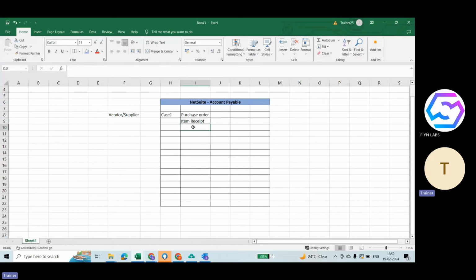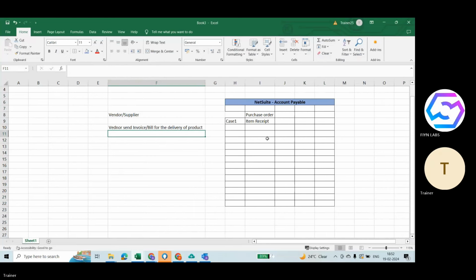Then the next step is what? Once the item is received, the vendor is definitely going to send the company a bill. To capture that, our case scenario is that the vendor sends an invoice, or I would say a bill, for the delivery of the product, or you can say the item.